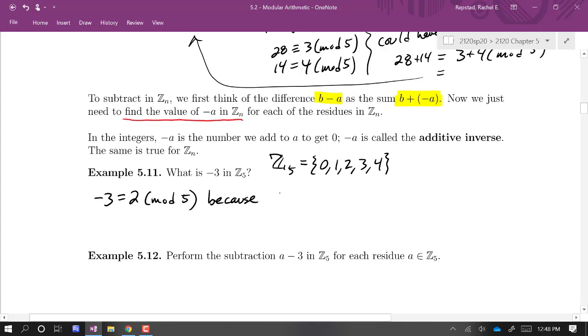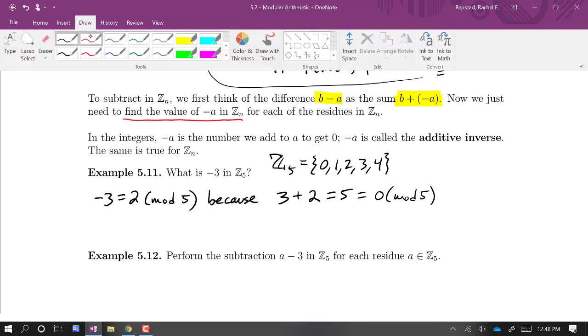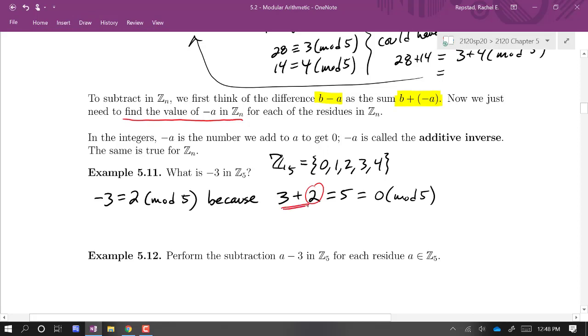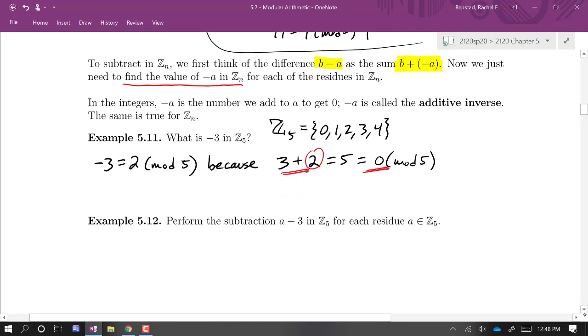Because when I take the value 3, not negative 3, but positive 3, and I add 2, I get 5, and 5 is equal to 0 mod 5. So 2 is the number that I add to 3 to get 0, and that means that negative 3 is equivalent to 2. That's useful for us because that means if I wanted to subtract 3 from anything, that's the same as adding 2 in Z5.